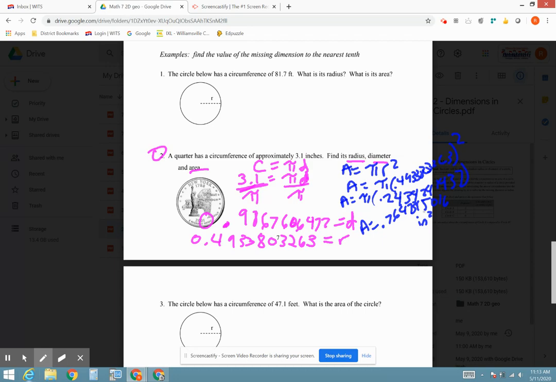Okay, so that's it. That was nasty because of all the yucky decimals. Maybe we should do one more that doesn't have yucky decimals so you get a better picture.